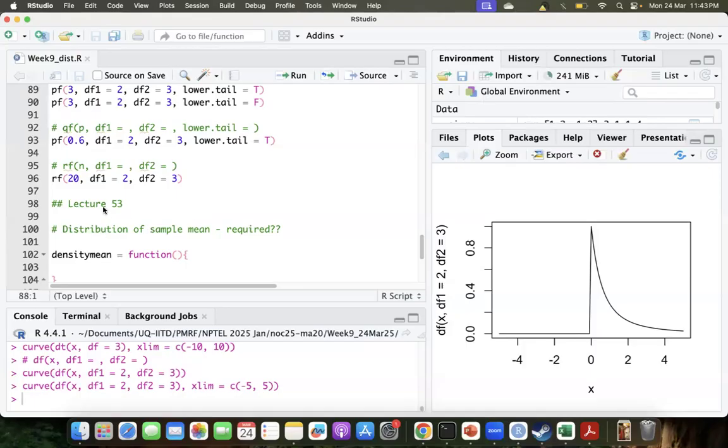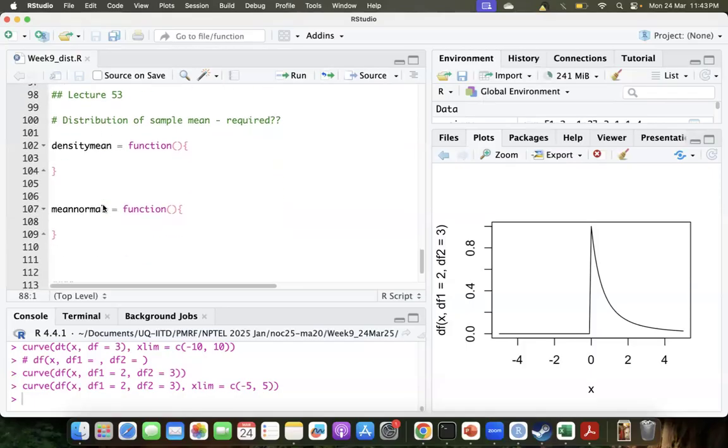All right. In lecture 53, something more was discussed where you are making some functions. Now we will talk about this in one of the upcoming lectures, in one of the upcoming weeks.